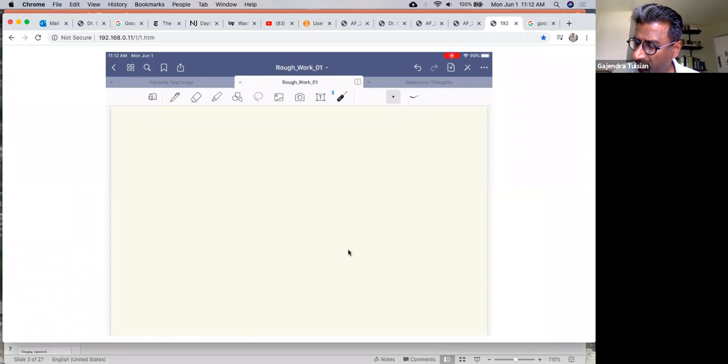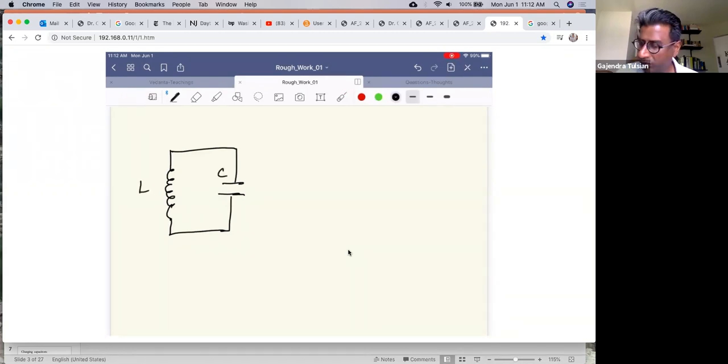But here's an inductor. And here's an ideal tuning circuit. This is a capacitor, this is an inductor. Inductance is denoted by L, capacitance by C.